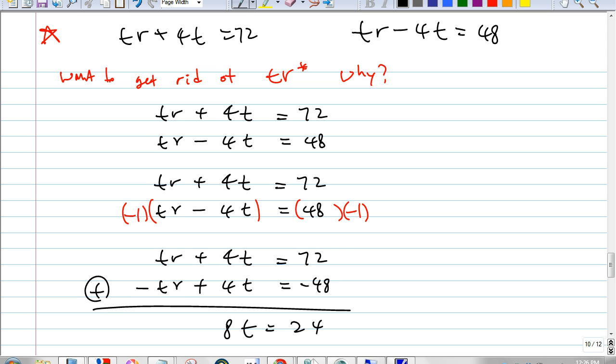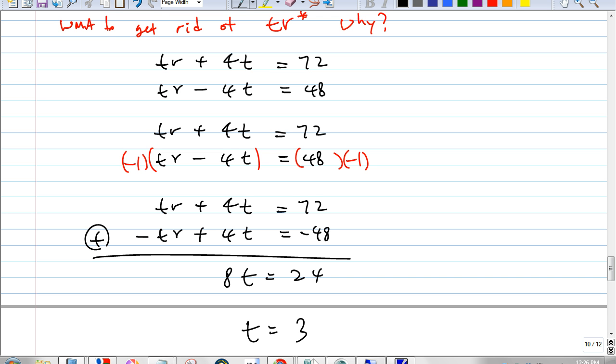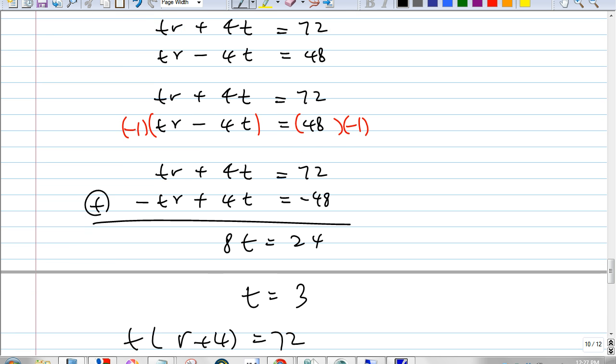So then what's t, guys? 8t is equal to 24, so t is 3. Okay, now hold on, let me finish. Then if t is equal to 3, what do they ask you? Do they ask for the t? No, they ask you what is the rate of the boat in still water. So if I know the time, how do I get the rate of the boat? You use one of the equations.